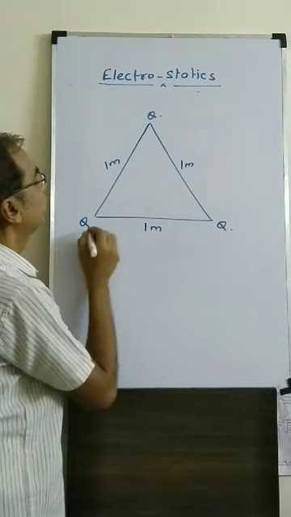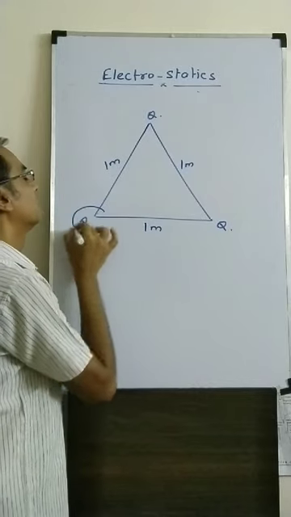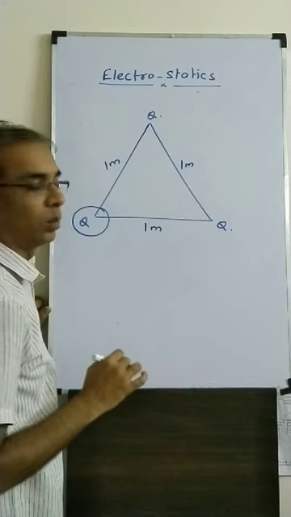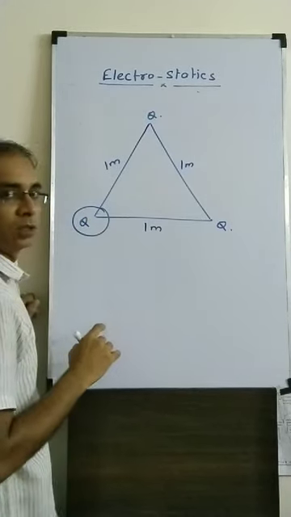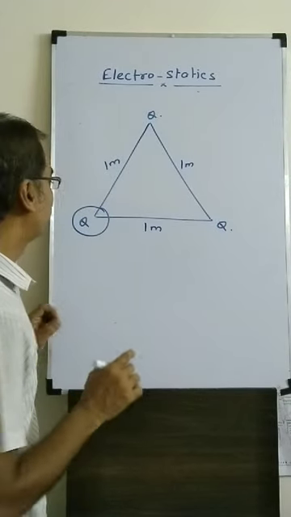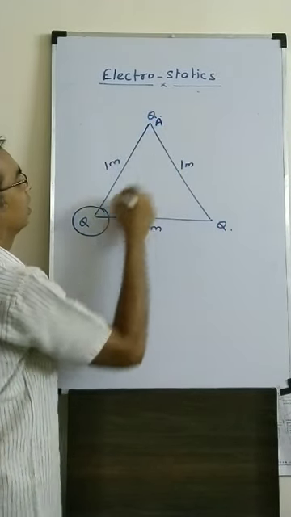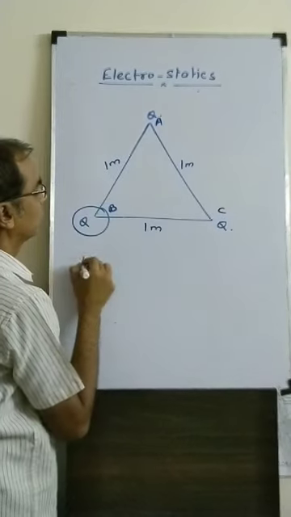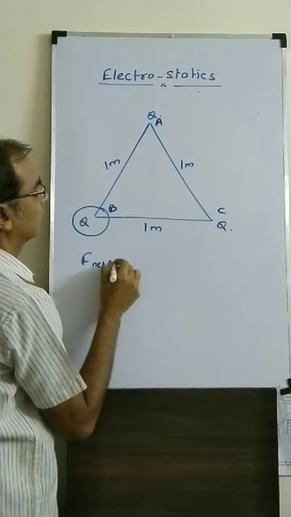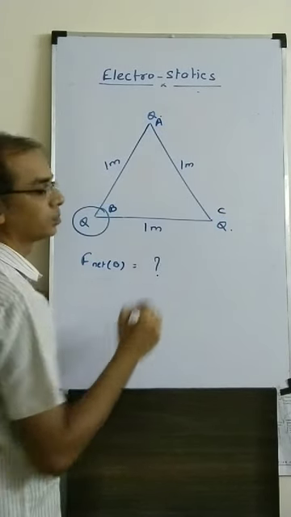I want to find the net force on this charge alone. Let's say this is A, this is B, and this is C. So, the net force on charge B.